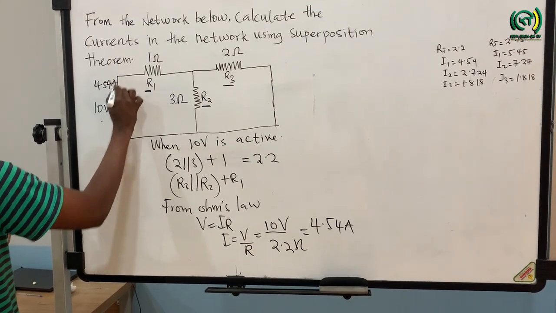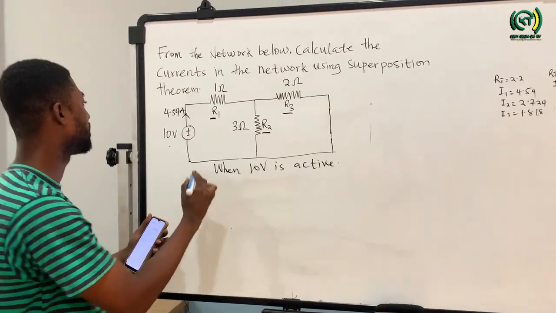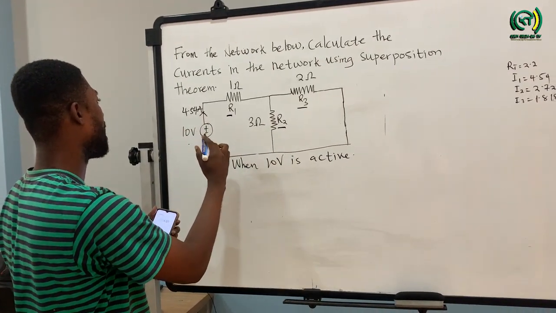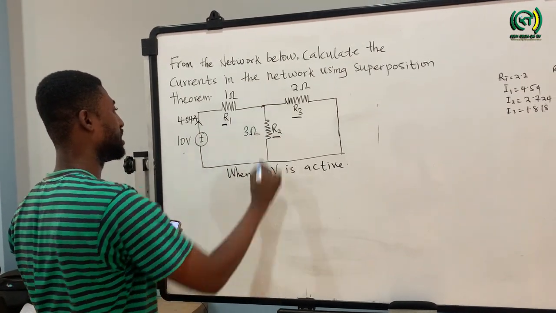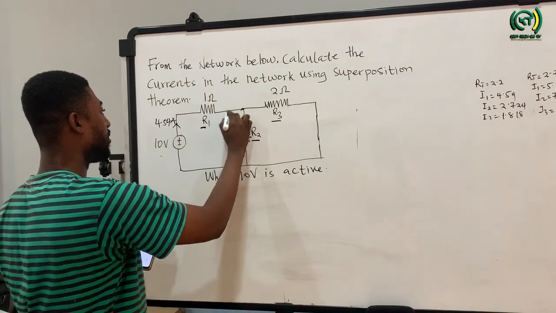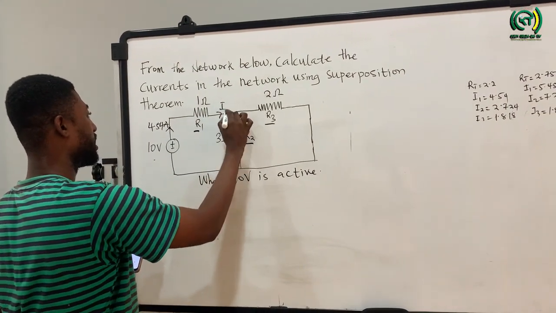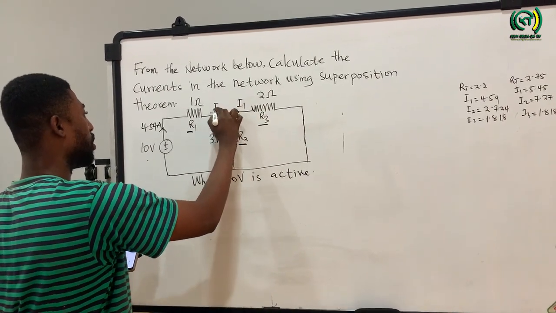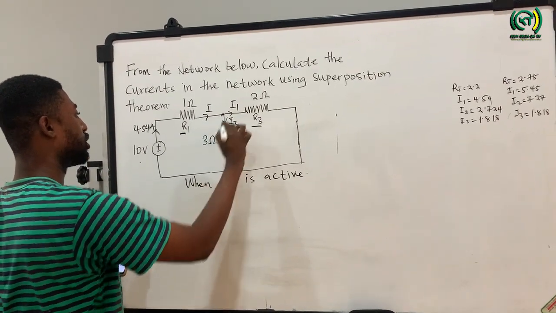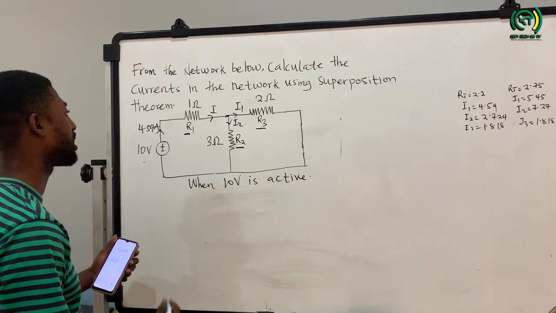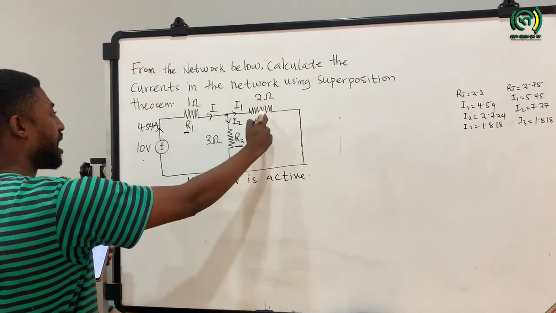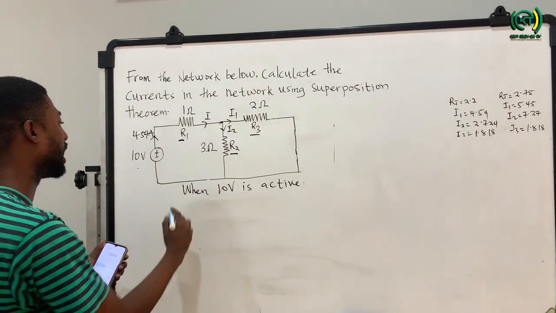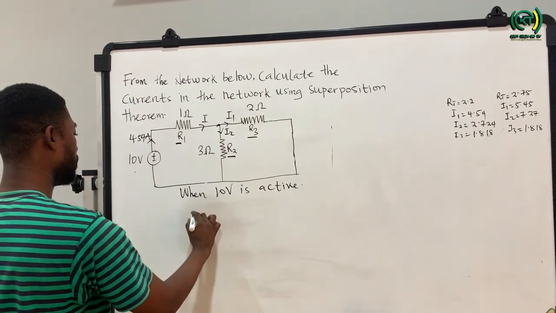When this 4.54 amps gets to this junction, it will split. We are going to have I1 and I2. For us to calculate the current flowing through resistors R2 and R3 when the 10 volt source is active, we can use what we call the current divider rule.